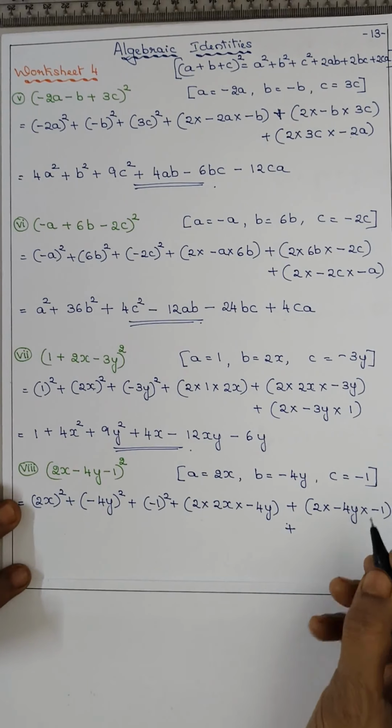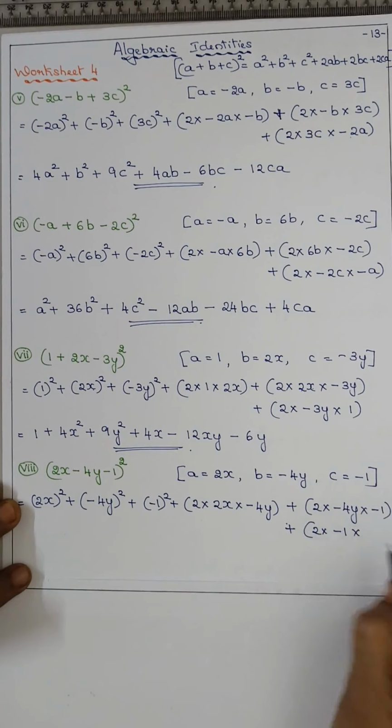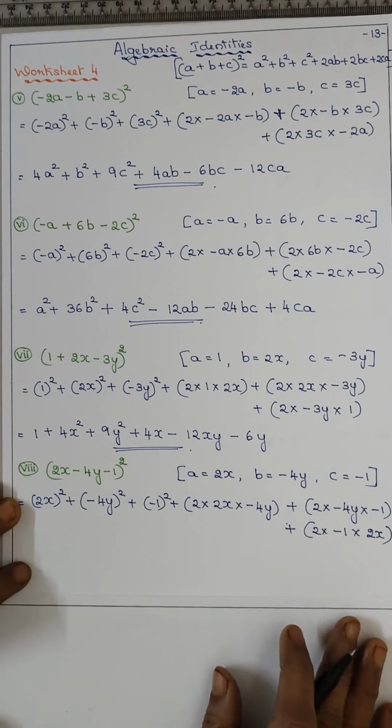Now 2ca, 2, c is minus 1, a is 2x. Okay.